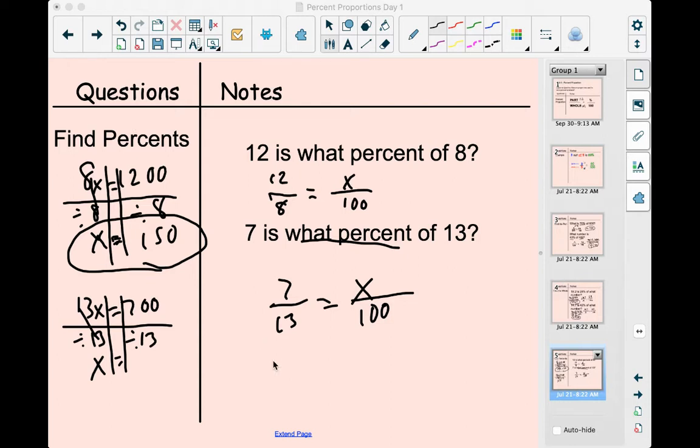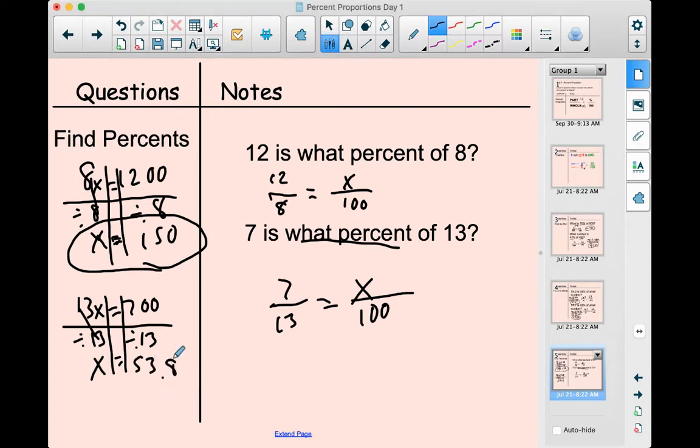I'll say it's about 53.8. You can use a little wavy equal sign to mean about. So x is about 53.8, which would be a little more than half. 7 is a little more than half of 13. That works.